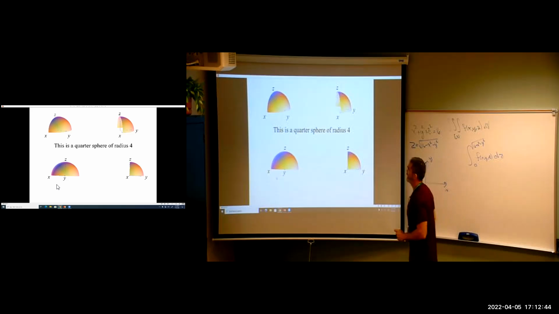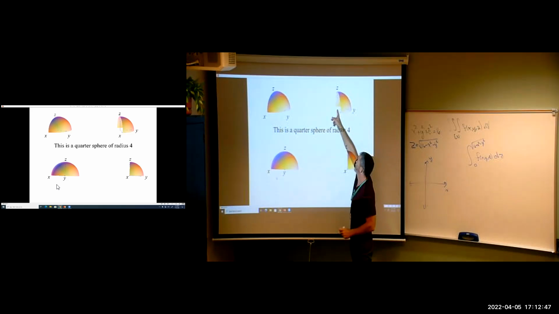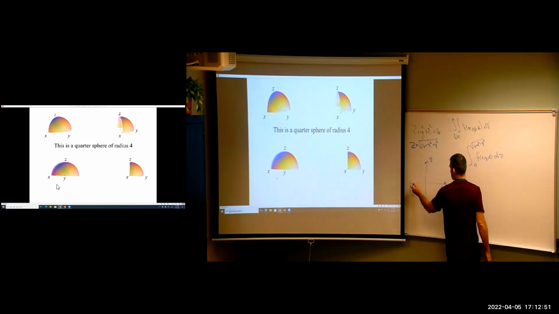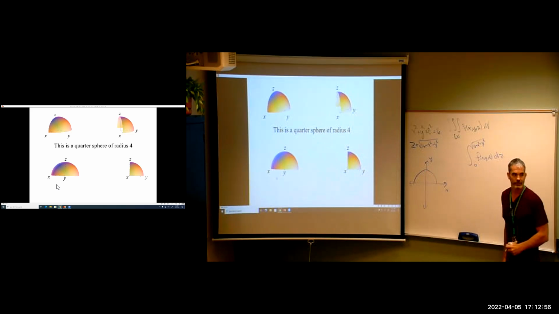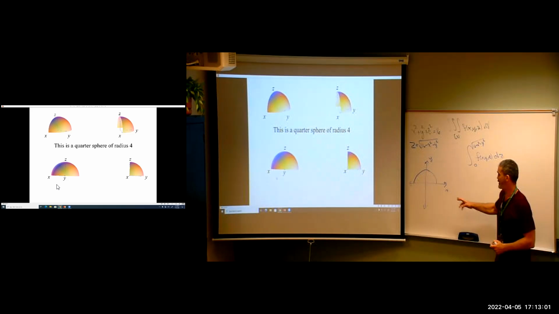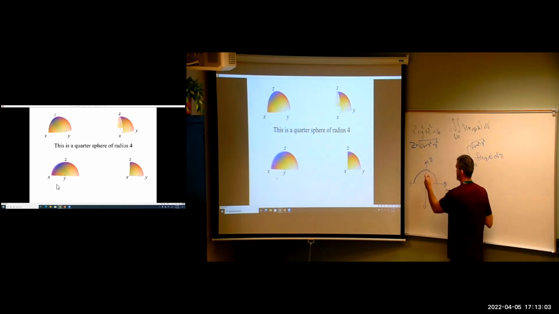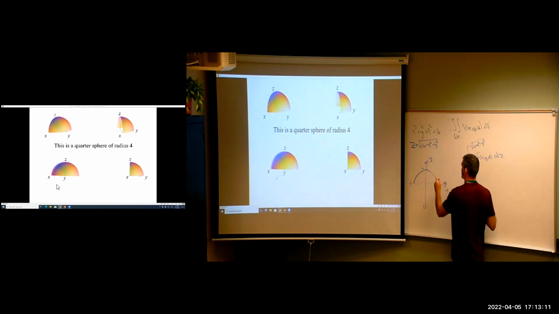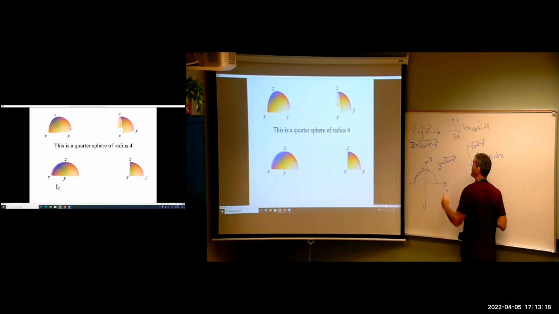If we look at what's going on, we've got the half circle. We have no negative y values, so it's doing this. It's a half circle of radius 4, which, with y in terms of x, is y equals the square root of 16 minus x squared.